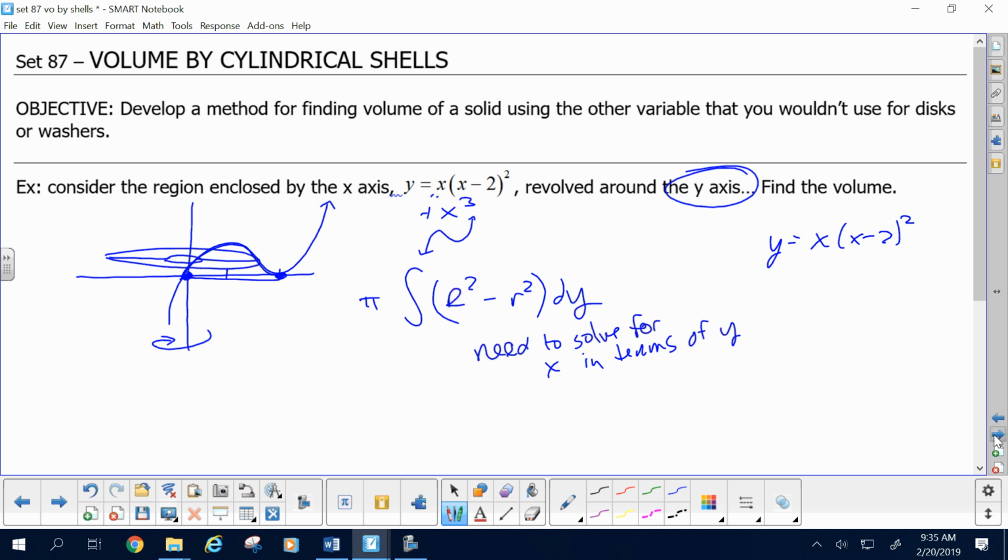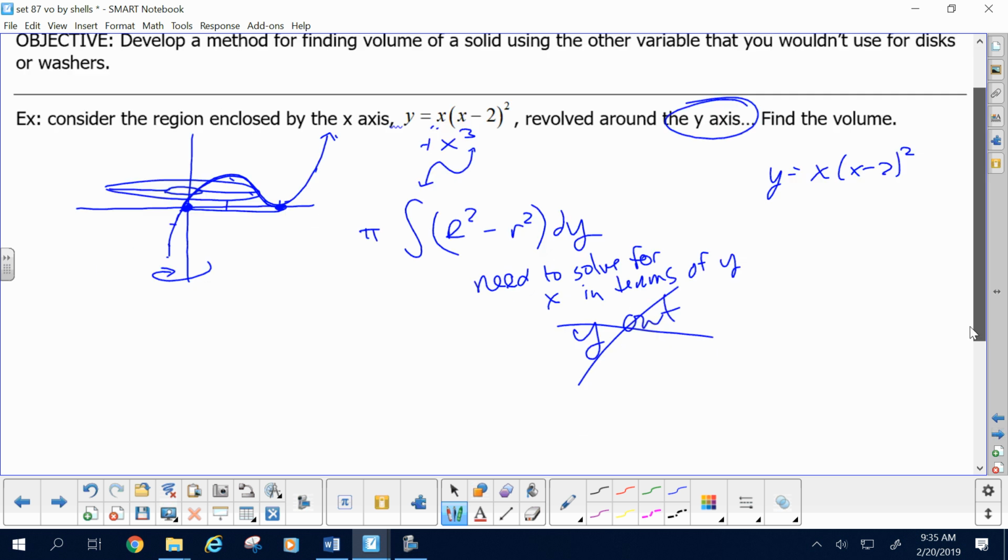How do you do that? You cannot solve this because this cubic equation can't be written as one equation of y. It would be 3 equations of y, minimum. It's not going to happen. You need to find a way.